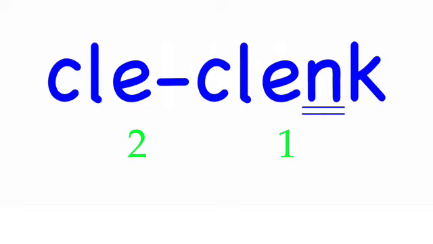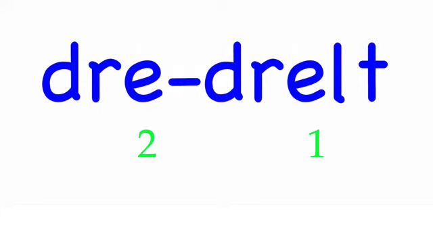The next word pair, dre, drelt. Dre, 3 sounds, d, r, e. Drelt, 5 sounds, d, r, e, l, t. Dre, drelt. Smy, smint.